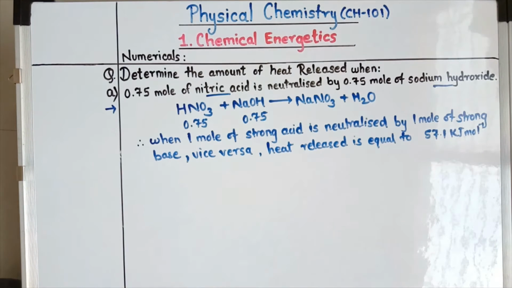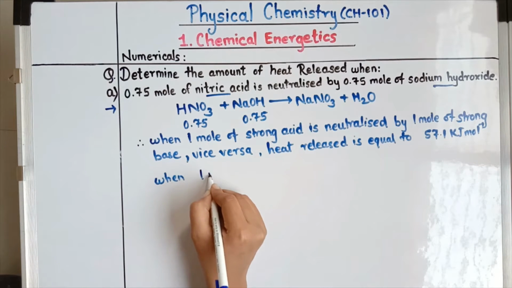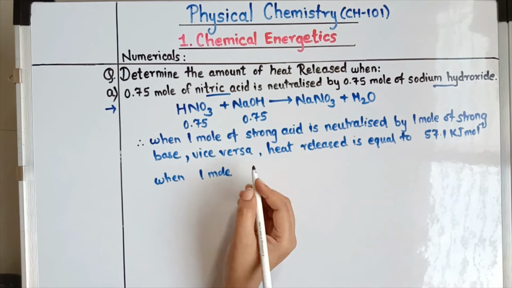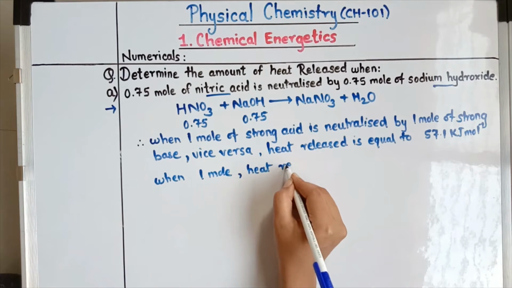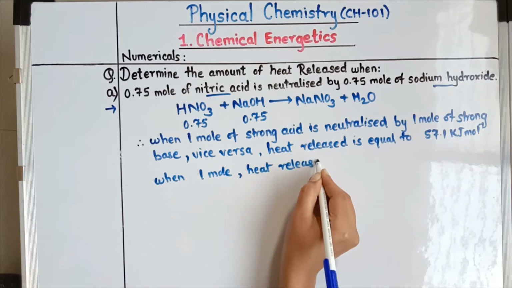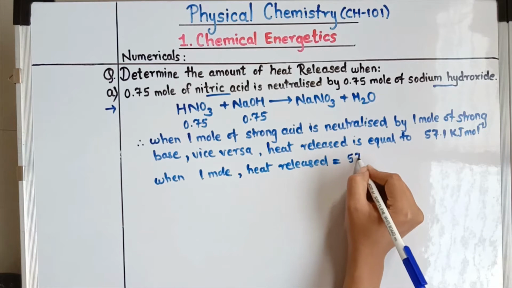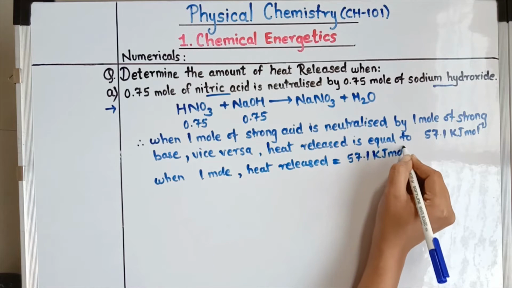Is it okay? So when 1 mole of acid is neutralized by the base, heat released is always equal to 57.1 kilojoule per mole.